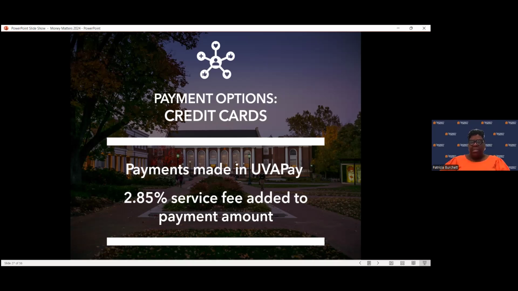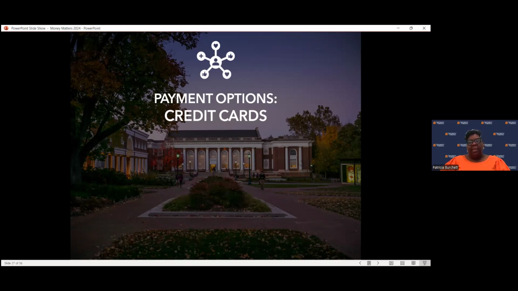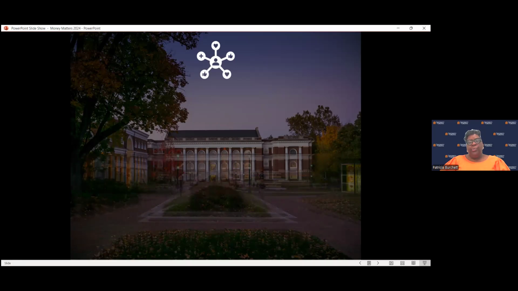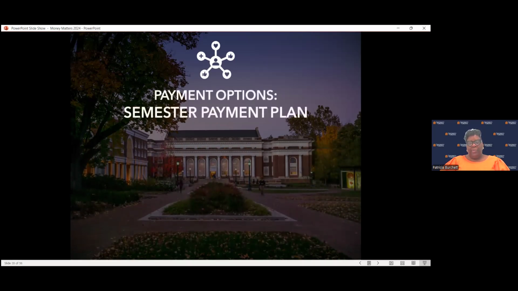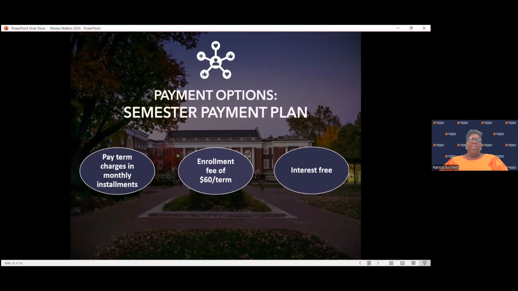You can also make a payment towards your student charges through semester payment plans. The payment plans are ways that the charges for your student's tuition and fees and any other associated fees for the student account can be broken up into monthly installments.